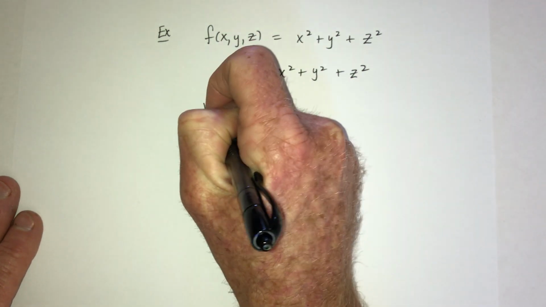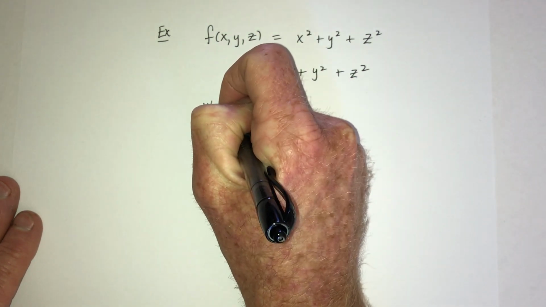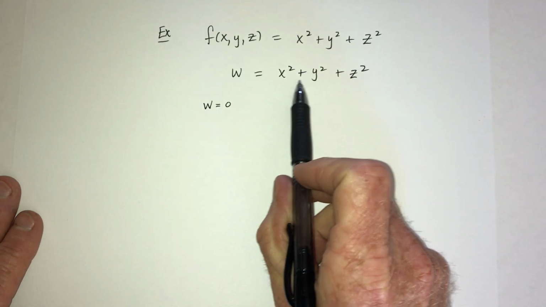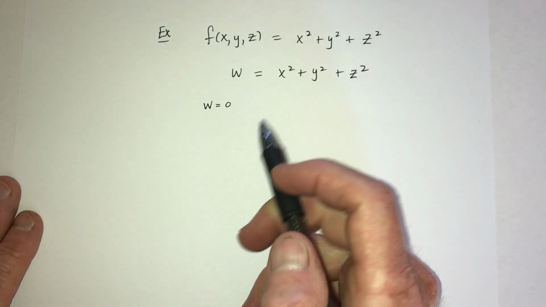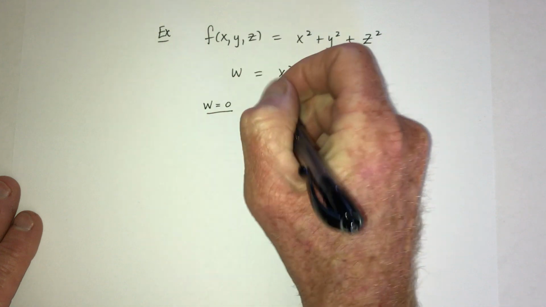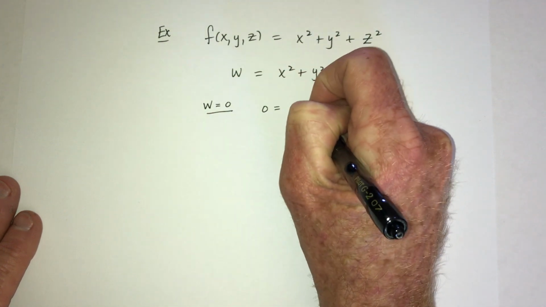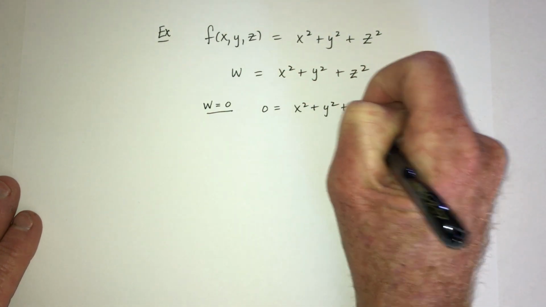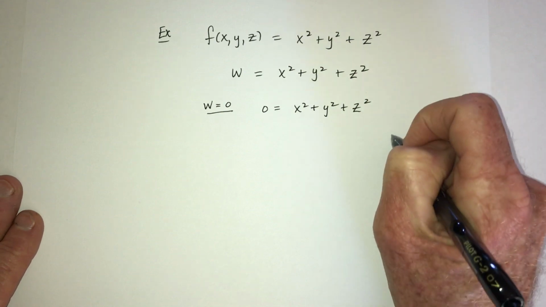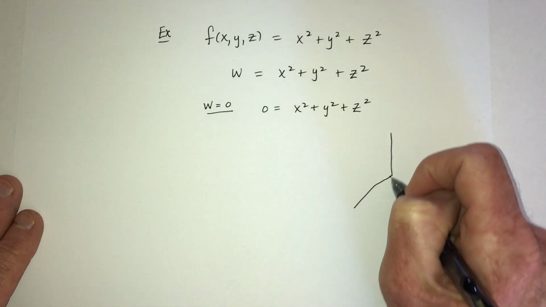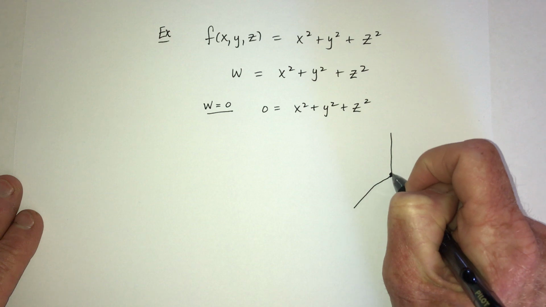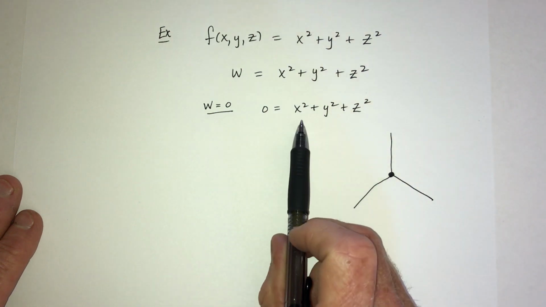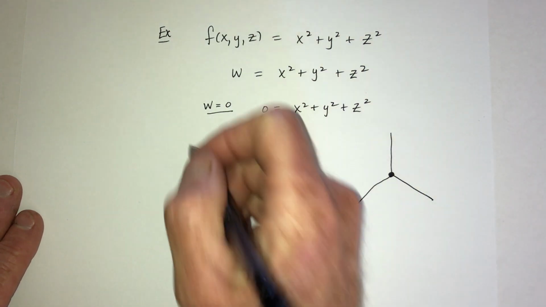Well, then do level curves. At the level where w equals 0, I know it's not going to be negative because all these are squared. So the smallest it could be is 0. That would be 0 equals x squared plus y squared plus z squared. And that would just be the origin, because it has to be 0 plus 0 plus 0.